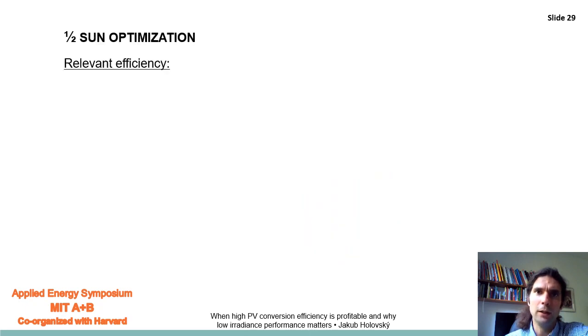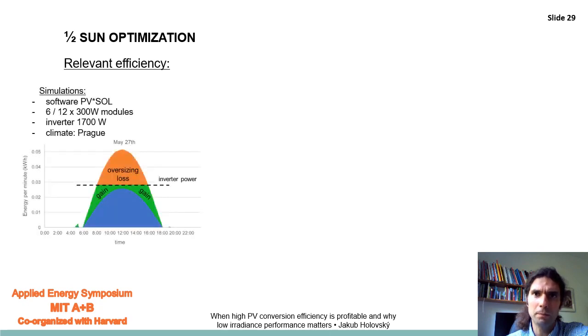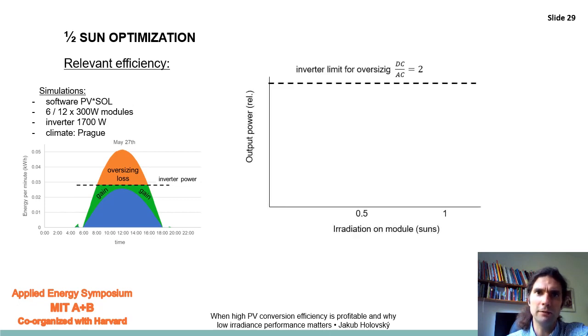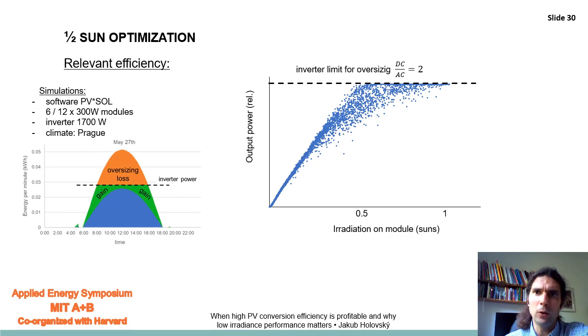Because if we agree that oversizing is beneficial, and if we make again simulations with capping the output power by limited inverter, we can see that most of the points lie on the left part of the graph, and on the right part there are not so many points that are not limited by inverter and for which the efficiency is still relevant.